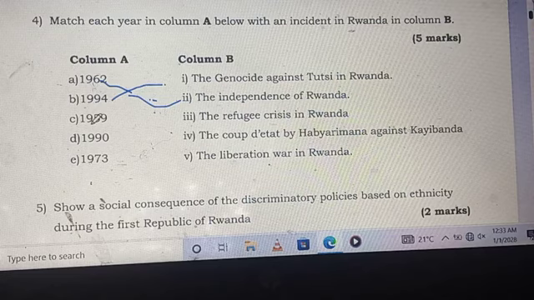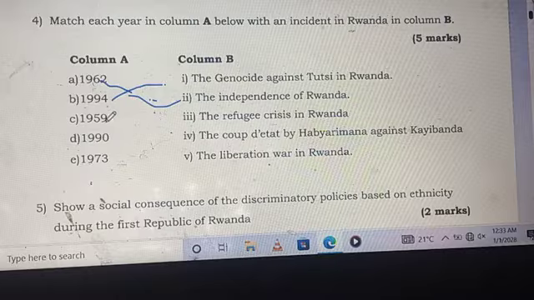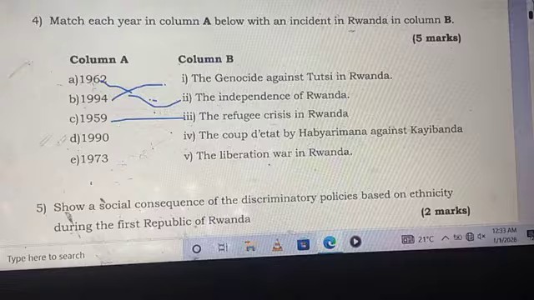C, 1959 matches to this one, III, the refugee crisis in Rwanda.